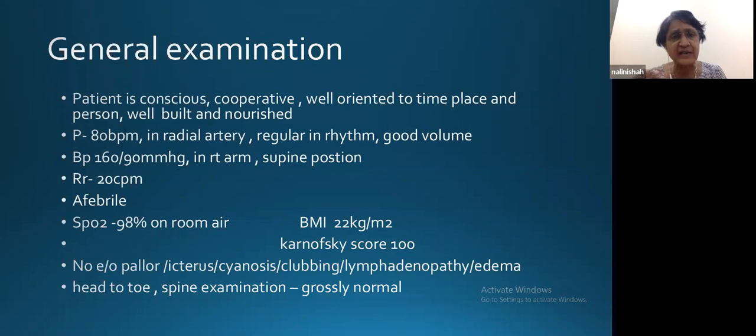At least check it in supine and in standing position to mark out the postural drop. Postural drop in a patient with pheochromocytoma is a very strong sign. A hypertensive patient with a postural drop of more than 20 in systolic blood pressure is important.